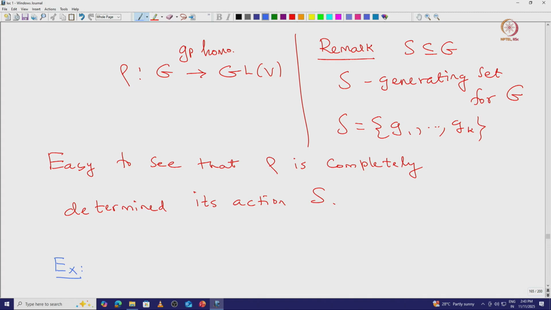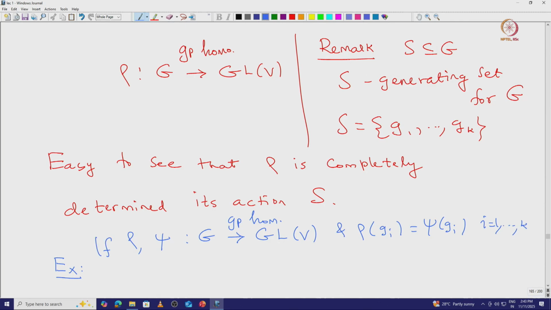Basically, if we have rho and xi, two group homomorphisms from G to GL(V), and rho of g_i equals xi of g_i for all i ranging from 1 to k, then we can immediately say that rho equals xi.